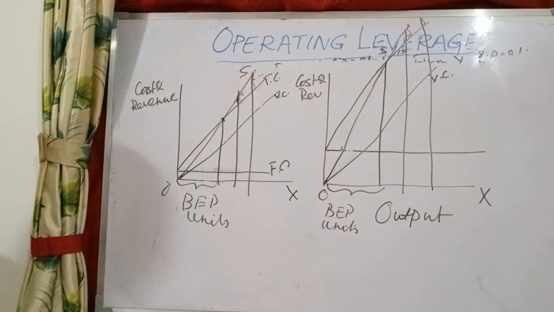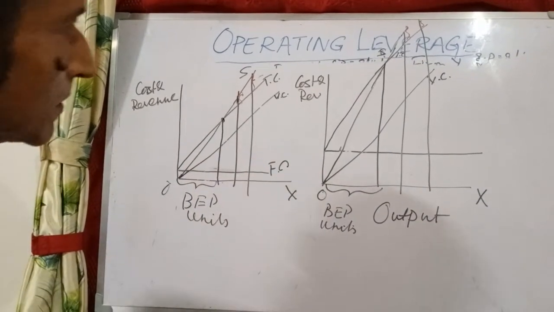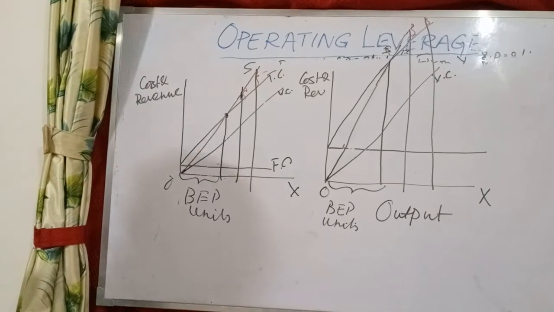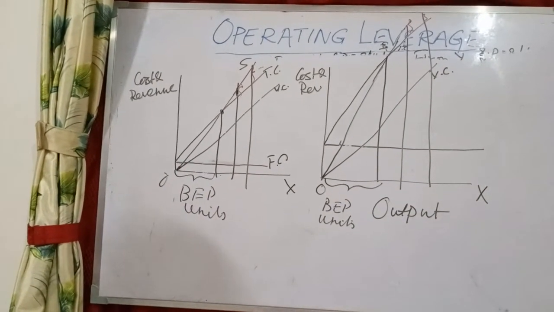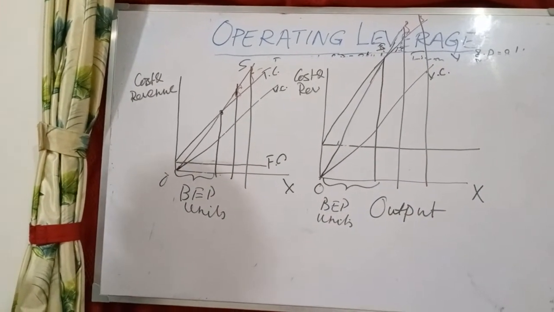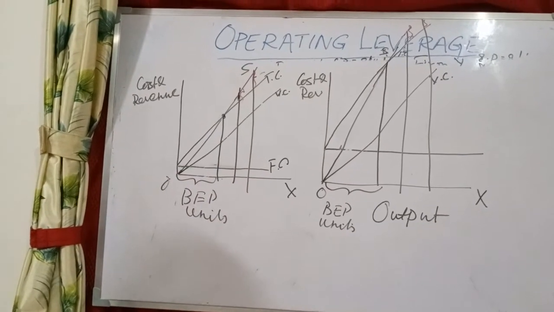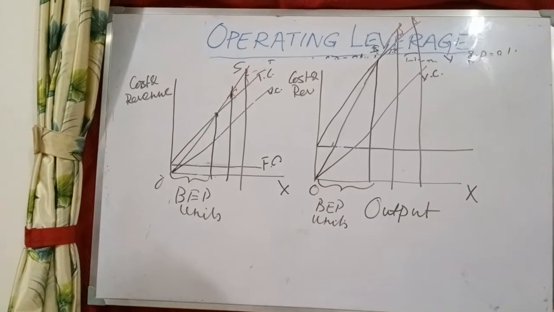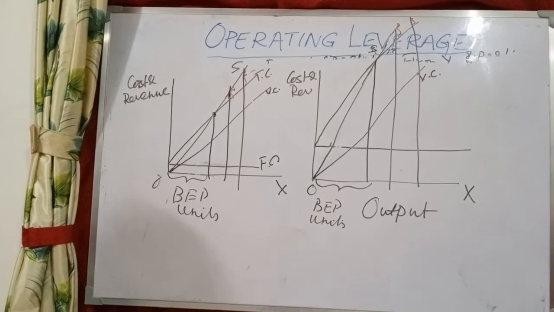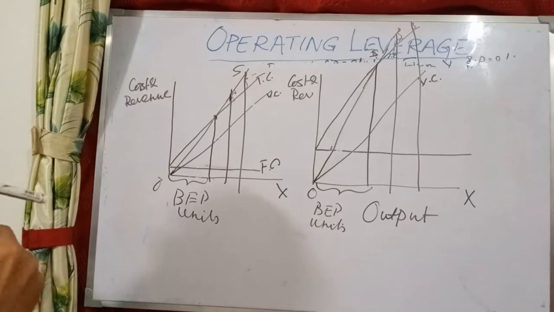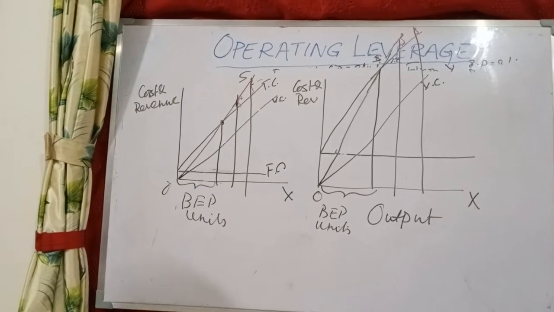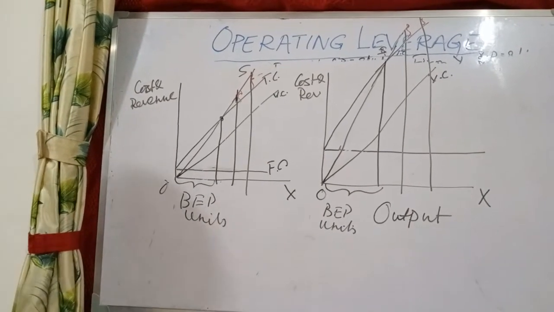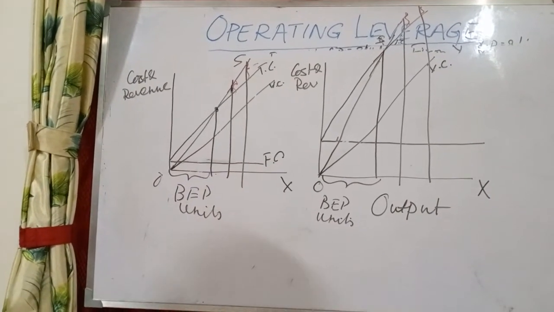So the more a farm becomes capital intensive, the more is the impact of fixed cost on the cost structure. A less capital intensive farm has less risk because those farms use relatively lower amount of fixed cost, so that the farms don't have to incur huge cash outflows when there is economic downturn.